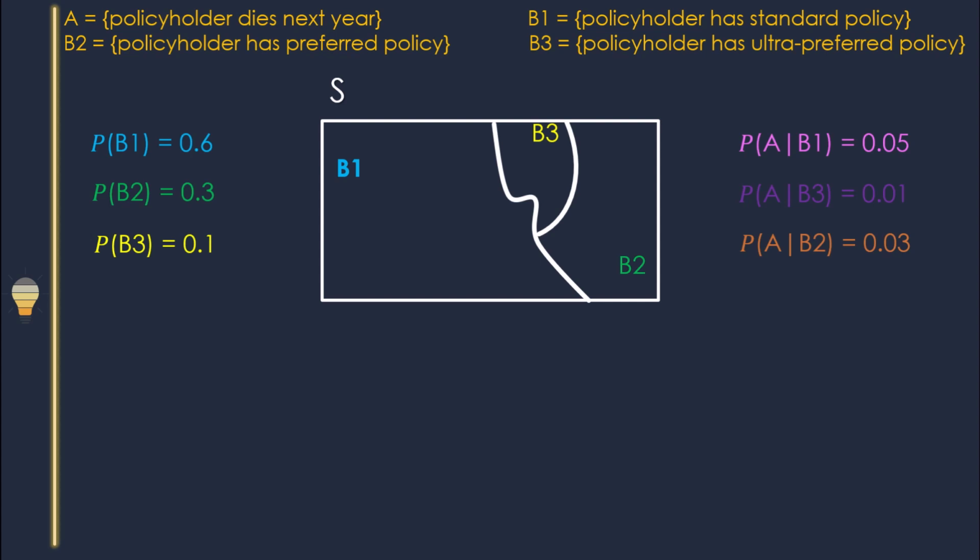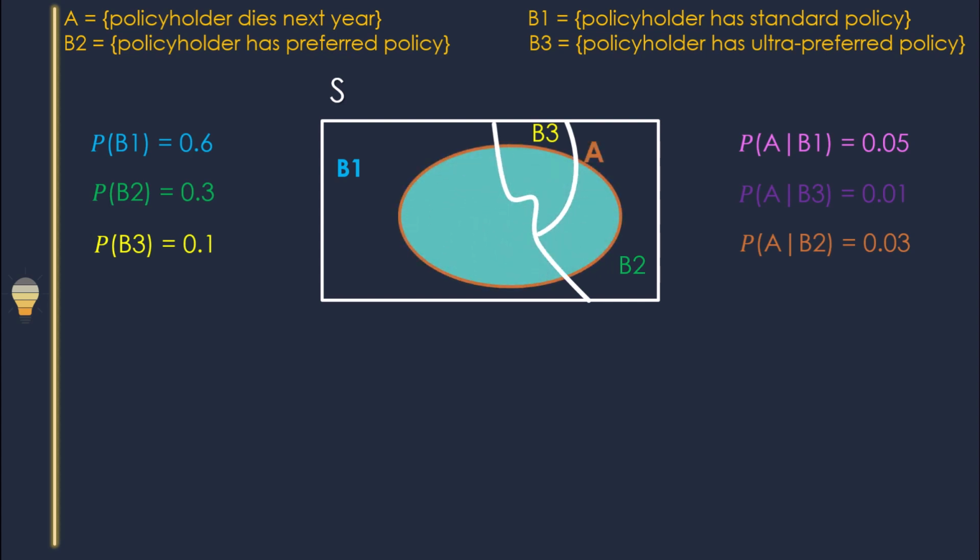So go to the event A now. What is the event A? Policyholder dies next year. We can find policyholders who die next year from each of the 3 groups: from B1, from B2, and also from B3. Therefore, we draw the A event like this, representing each group.